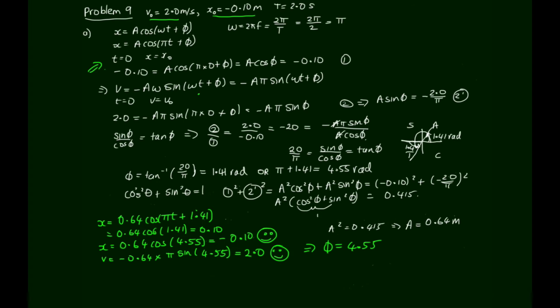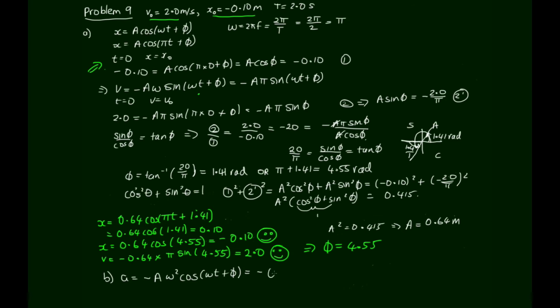Now that'll be important for the next part, because in the last part of this question, we're asked to come up with an expression for the acceleration. So we know that the acceleration is equal to minus a omega squared cos omega t plus phi, and now we can just substitute in our values for here.